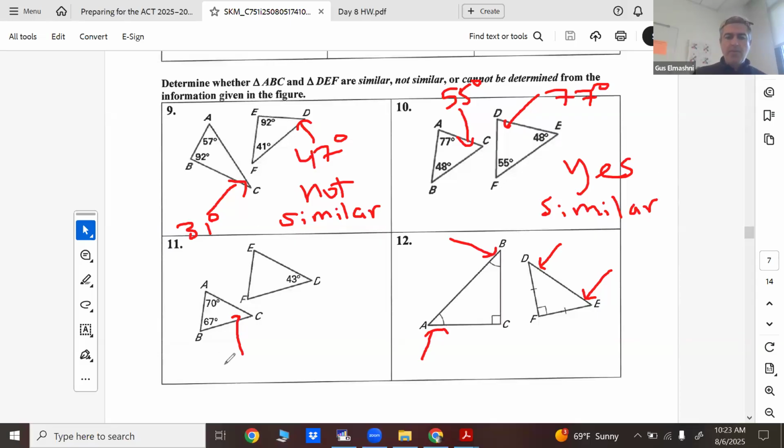For 11, you should have 43 degrees here. But here, we don't know. So it can't be determined.